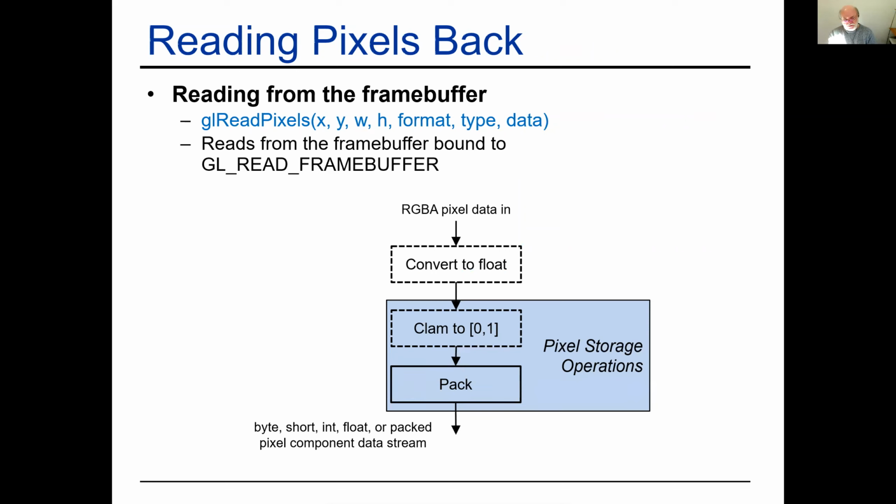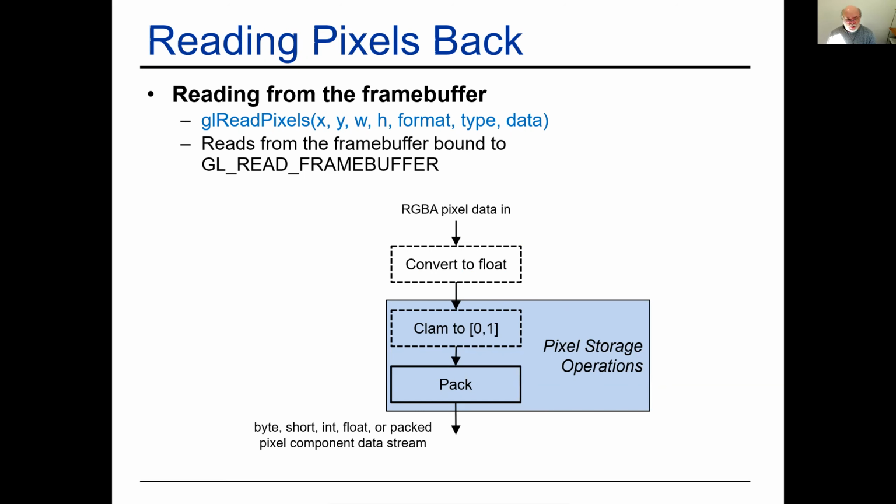It reads from whatever internal format the frame buffer has and converts it into the format and type that the application expects, and writes it to the location that is pointed to by data. Essentially what's happening here is similar to what happens on the texture side. It takes the RGBA data from the color buffer and converts it into a floating point value, at least implicitly, right? So typically you store the color as, I don't know, 8-bit integers, and it converts it logically into a float.